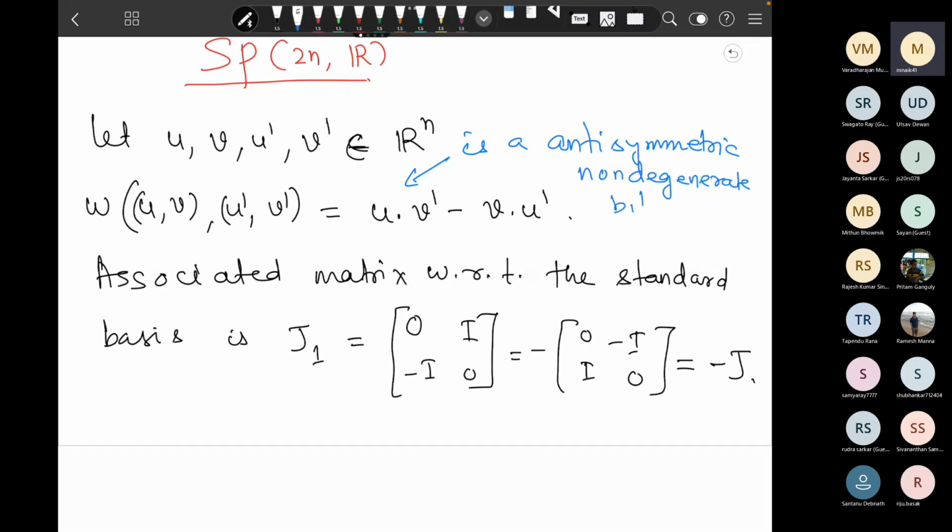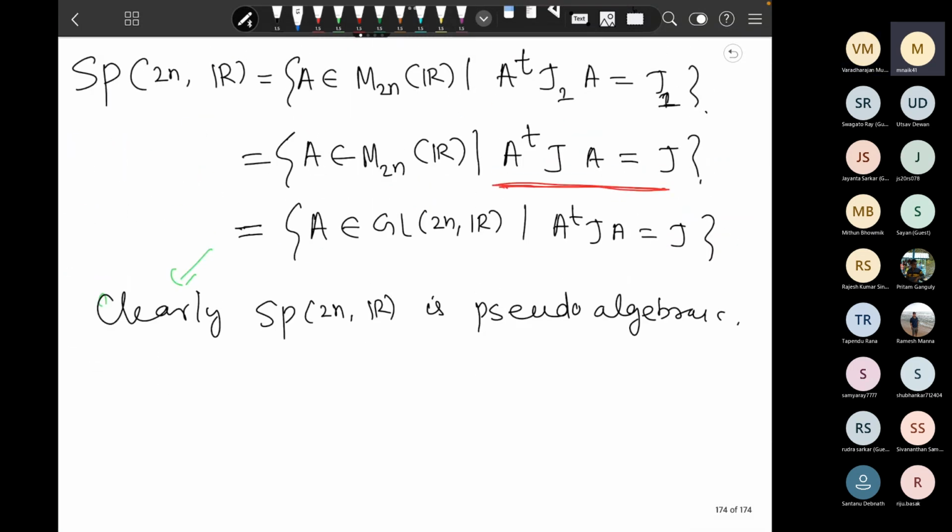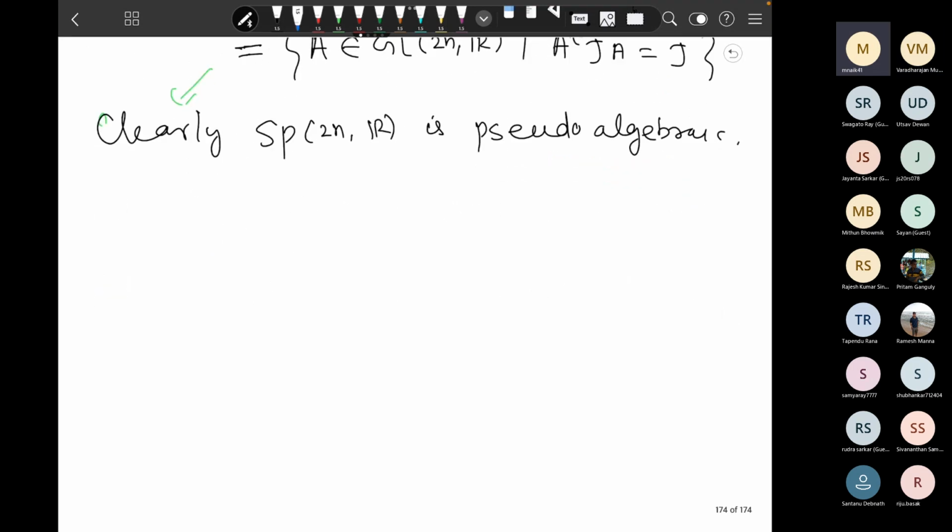So this is really the thing. Clearly, Sp2n(R) is pseudo-algebraic.